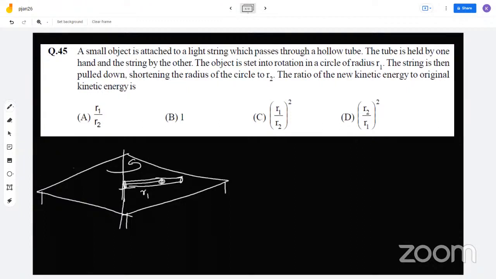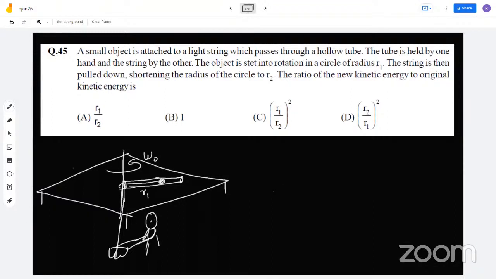And say here, below the hole, the string goes down, and this is some person's hand. The person is pulling the string down, so the radius is getting shortened to r2. The radius is decreasing now. Say the initial angular velocity was omega naught. I am assuming this tube to be massless.